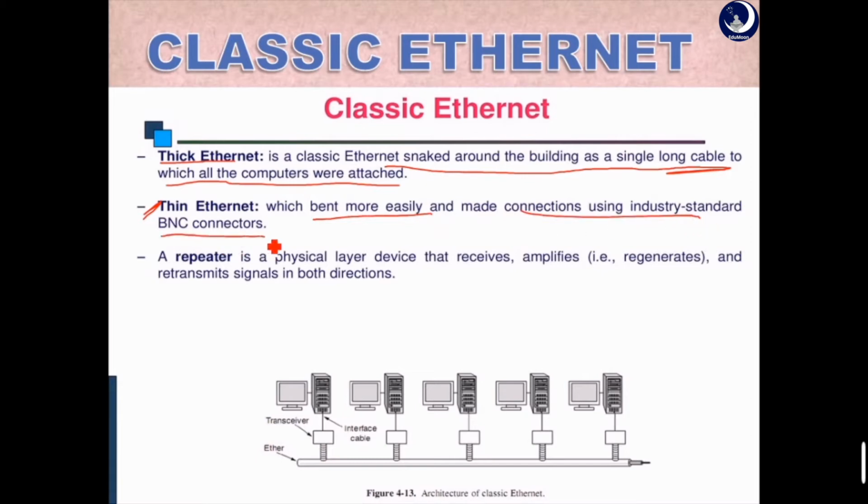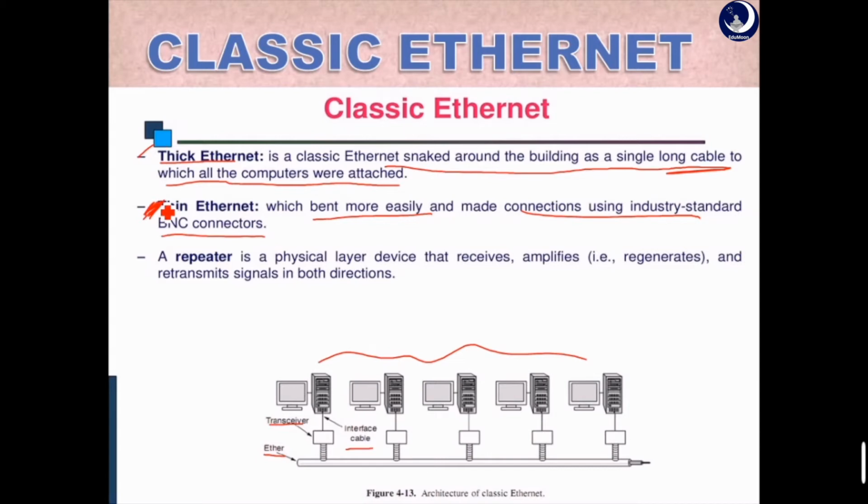In this architecture, you can see the Ethernet is connected to different computers where each computer consists of a transceiver and an interface cable. But this was succeeded by the thin Ethernet, which bent more easily. Because this is cheaper, thick Ethernet is costlier and also difficult to install as it is not that flexible compared to the thin Ethernet. And thin Ethernet is also used with repeaters in a large network.